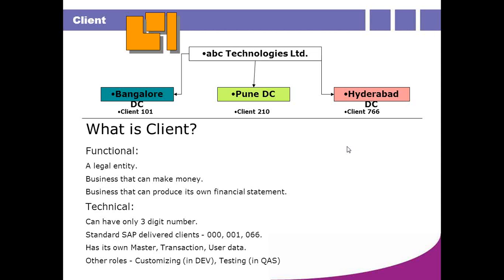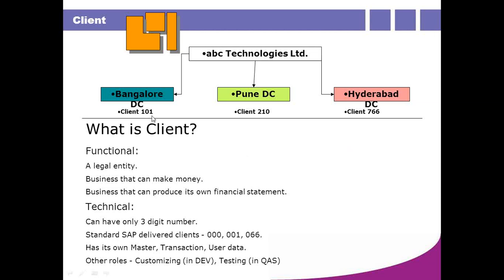Yes, this is possible through the client mechanism in SAP. Technically it is a data separator. Even though everything is in the single database, my other client cannot see or modify someone else's data, unless he has access to the other client.